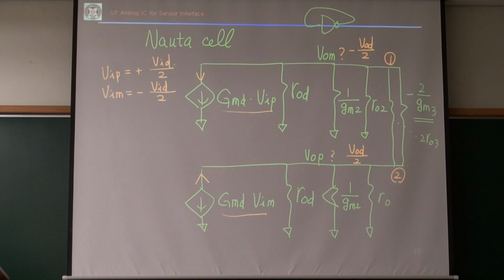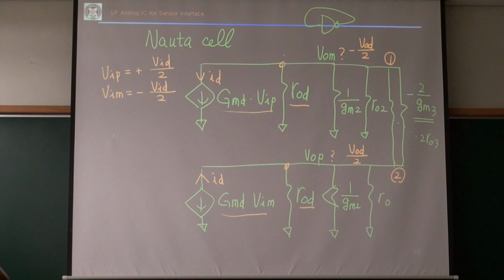If you substitute VIP, VIM there, one differential current is flowing in and flowing out. They flow through the impedance between those two nodes, which becomes 2 ROD. This node goes to ground, and this ground goes to that node, so this is a series connection of 2 RODs.